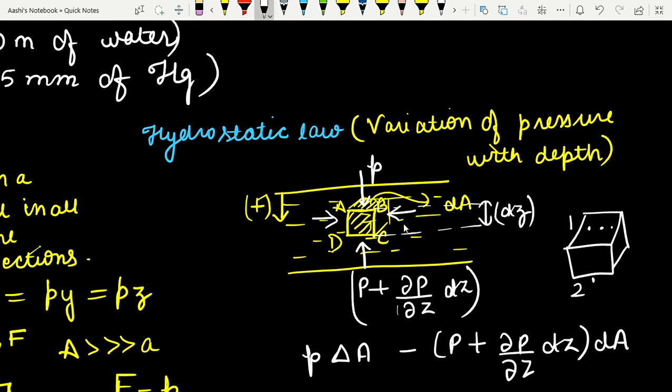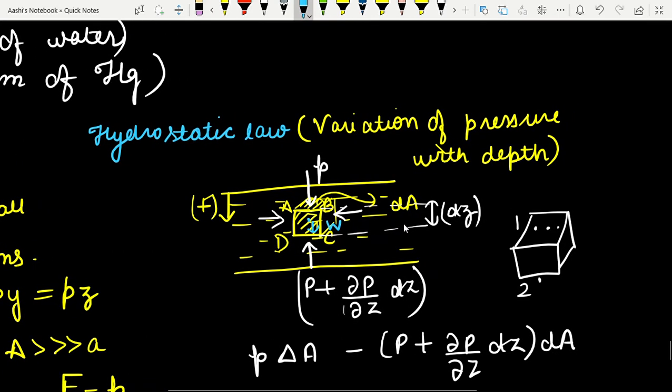So that will be the net force. But here one more force we have forgotten to take, that is the weight of this particular fluid element. So let's say W is the weight of this element in the downward direction. Again, considering the downward direction as positive, I will write here plus the weight.